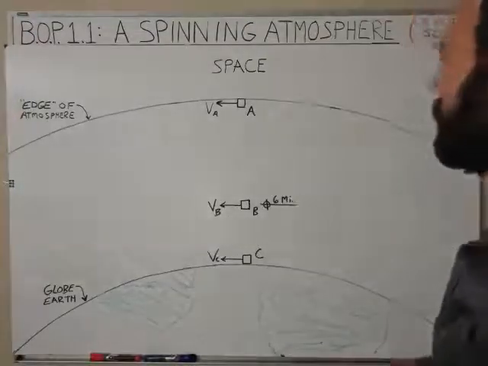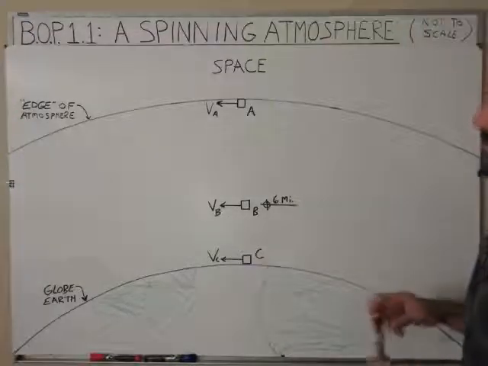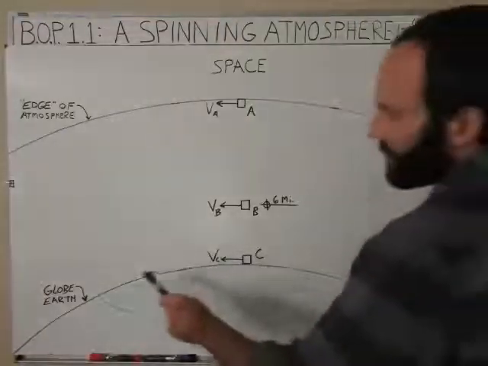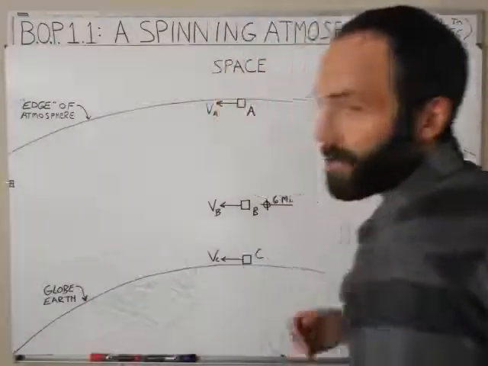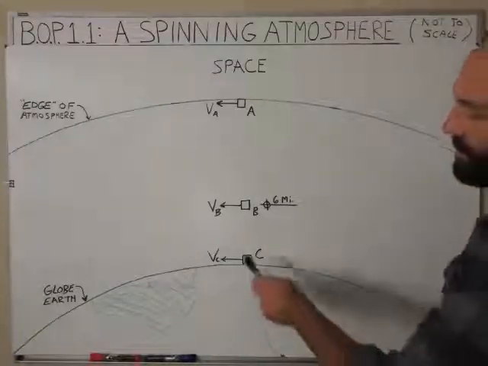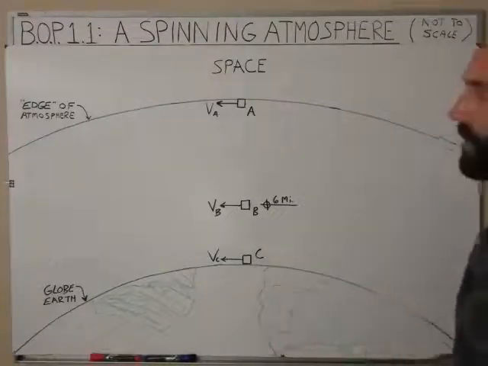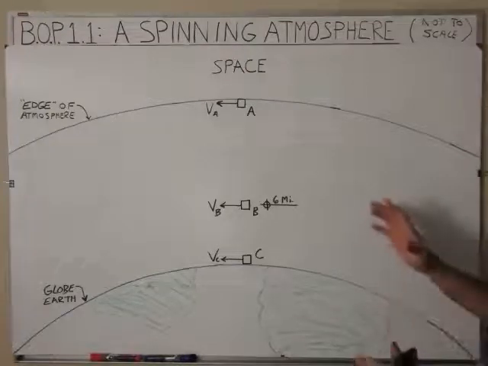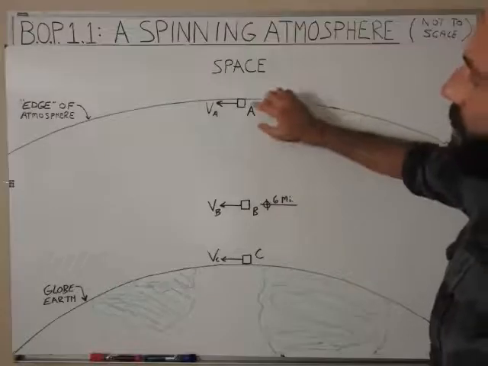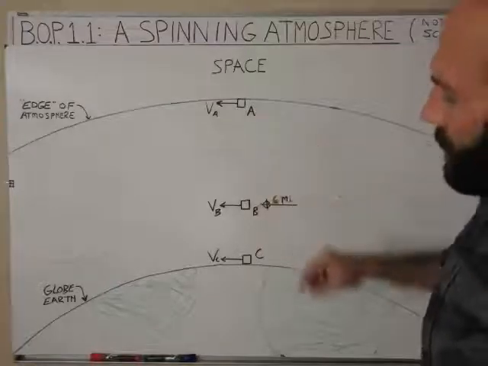So we assume right here that this is the Earth rotating at 1,038 miles per hour. I said in the video, and people have said in the comments, that you can just say that that's zero.